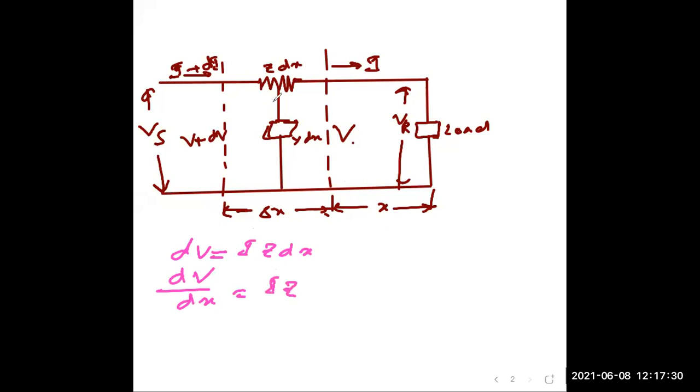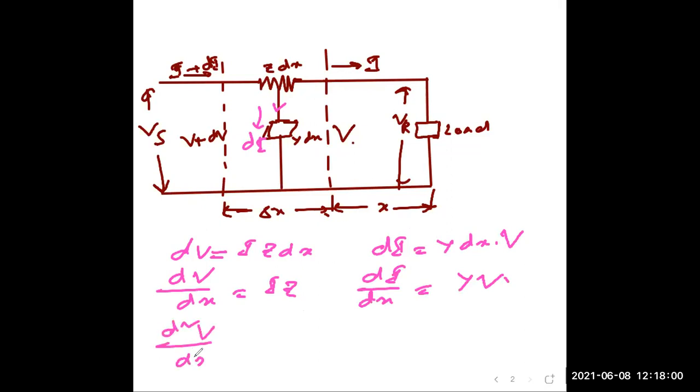Similarly, the current entering is dI. So dI will be equal to, what is the capacitance, that is Y dx, and what is the voltage available here? Voltage is basically V. So dI by dx will be equal to Y into V. Now let us take a second derivative of this. d2V by dx square, Z is constant, this will be dI by dx.